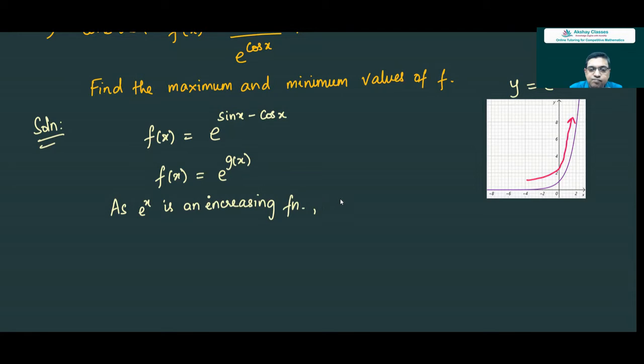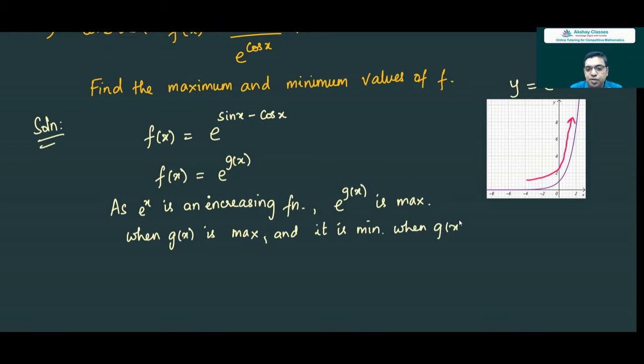Now, e power g of x is maximum when g of x is maximum. And it is minimum when g of x is minimum.